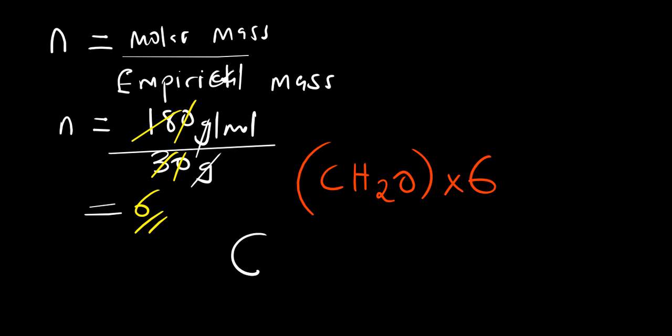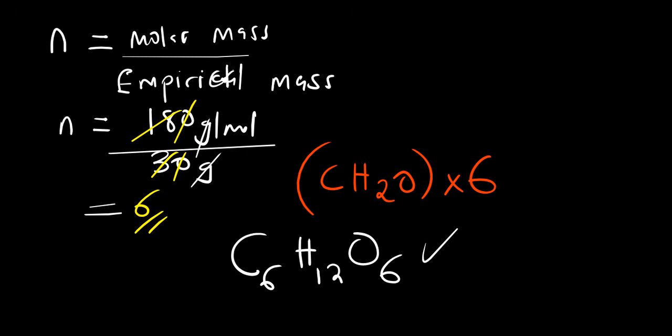Here we've got H with a 2, so the 2 multiplied by the 6 gives me H12. Then we've got O, and we're going to have O6. So that is how we find the empirical and the molecular formula, C6H12O6. And you know that this formula is for glucose, right? Yes, so that formula is for glucose.